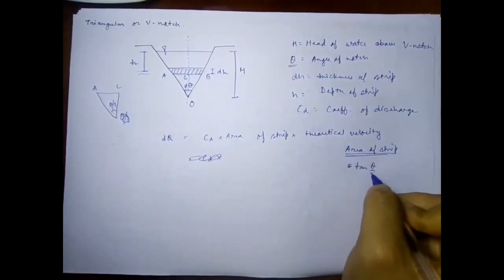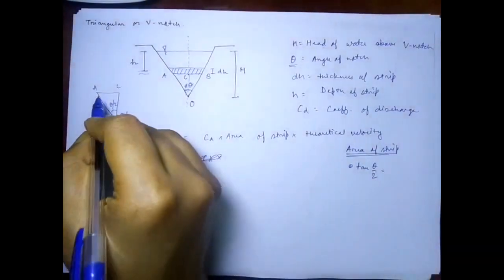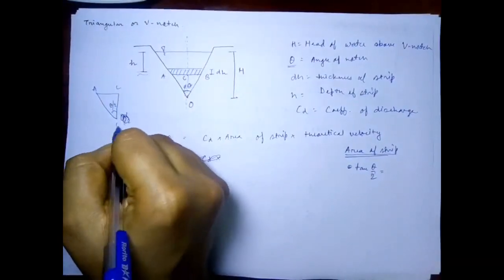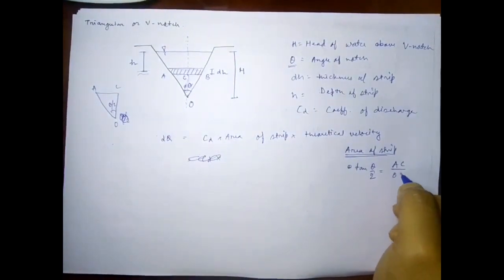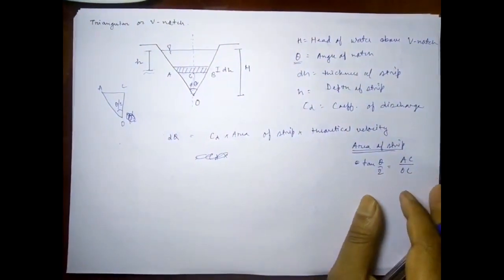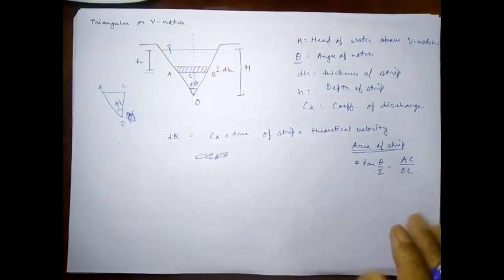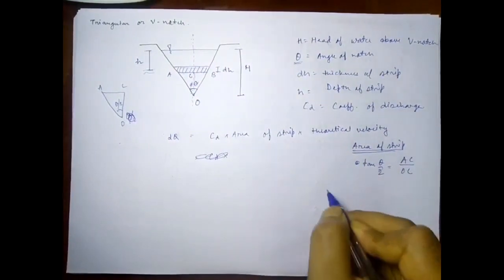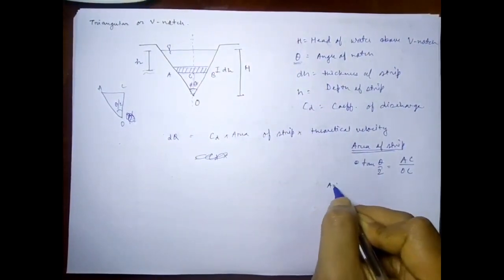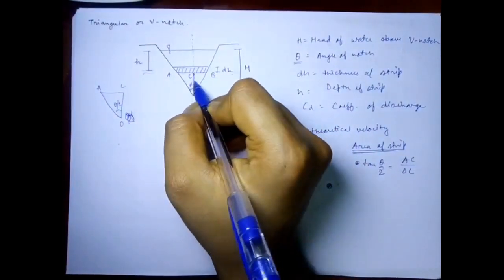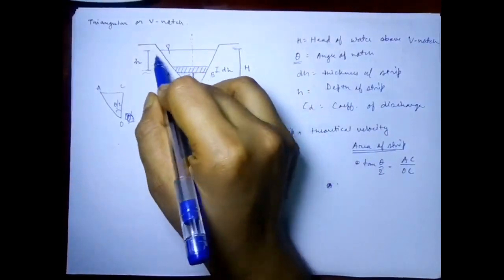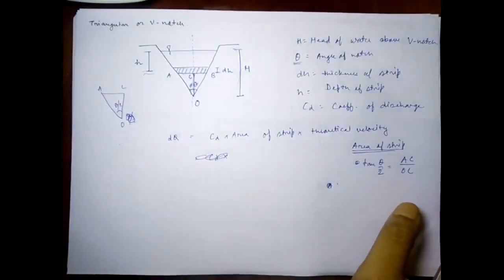Tan theta by 2 will be equal to AC upon OC, that is the perpendicular by the base. Suppose this is the length OC, it is capital H minus small h.